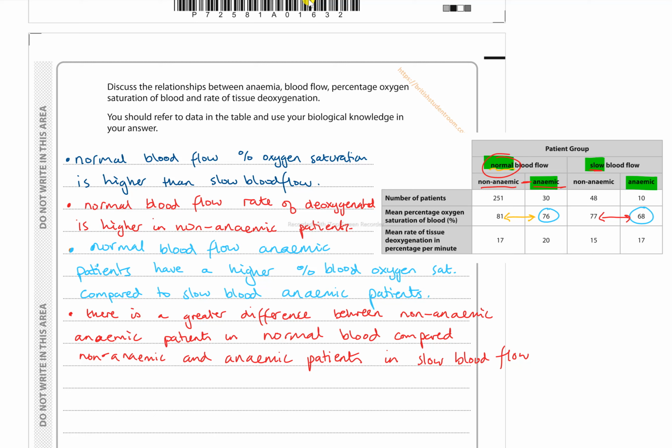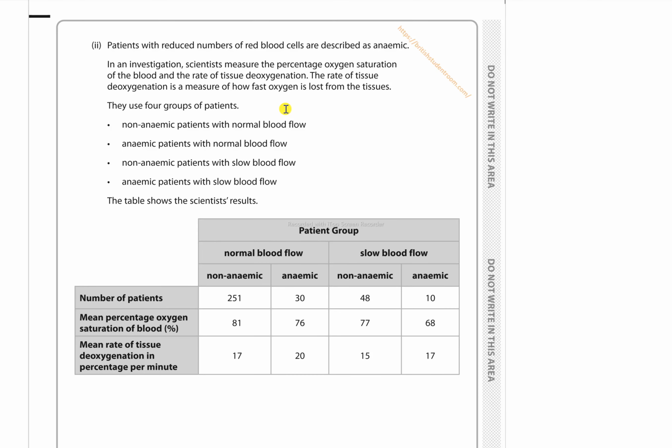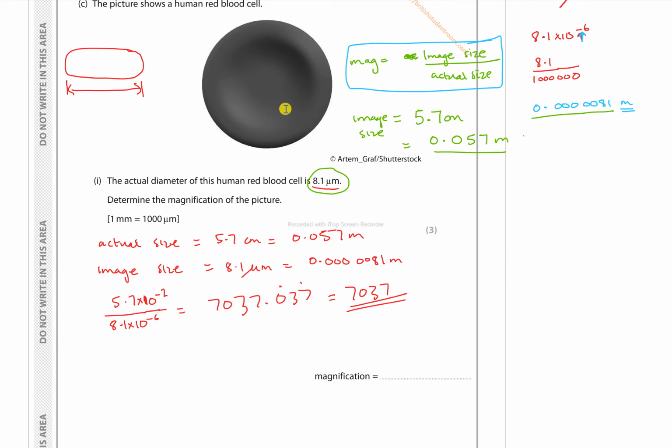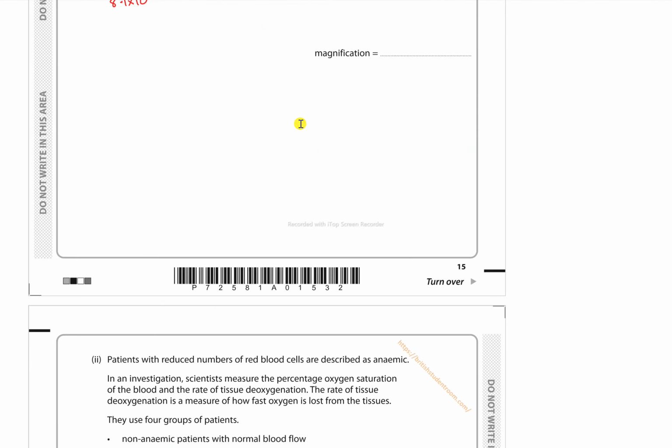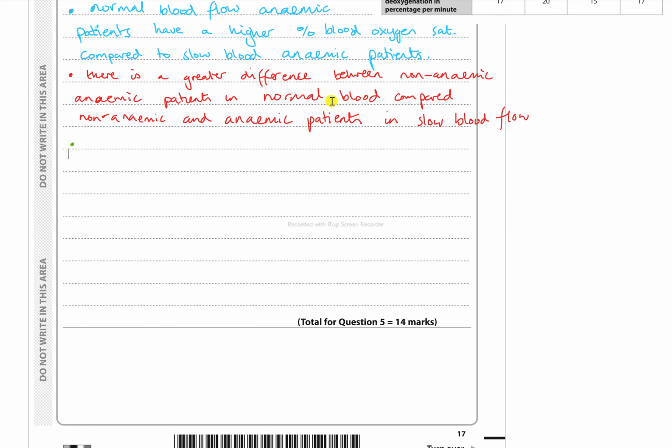Why would that be? Right, let's go back and have a look. Does it even say? No, it doesn't. I thought it might. Right, okay, we're going to carry on here.